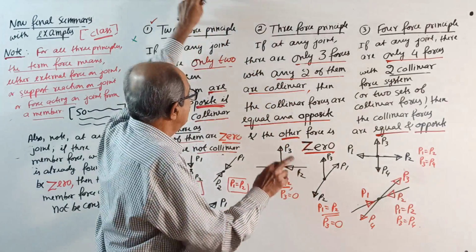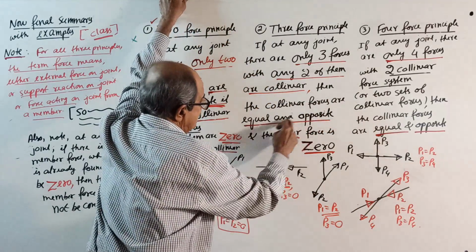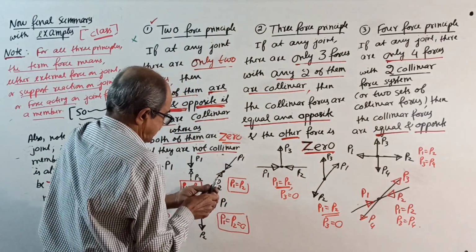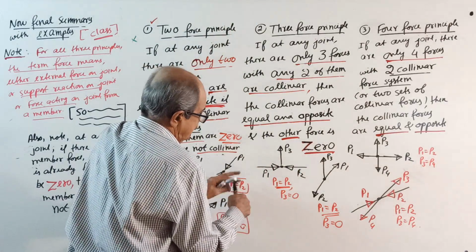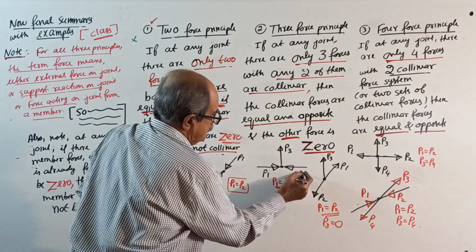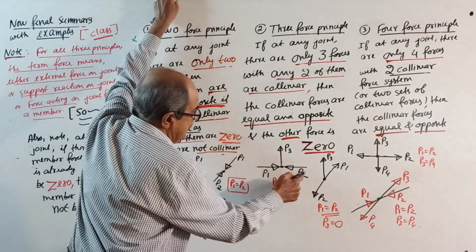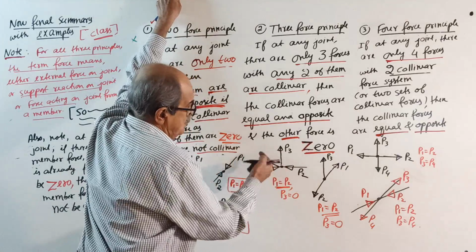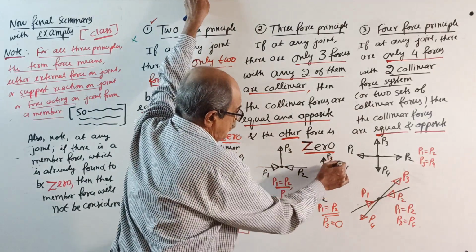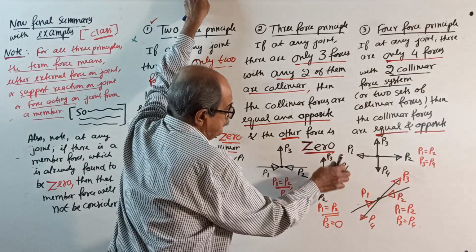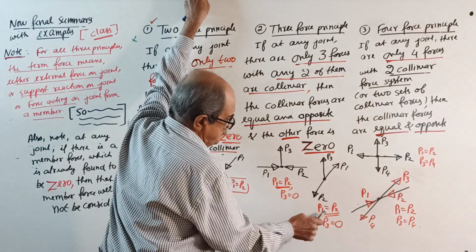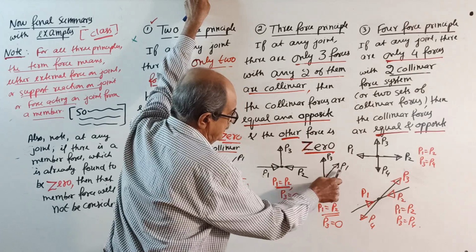The collinear forces are equal and opposite, so P1 equal to P2, and P3 equal to 0.